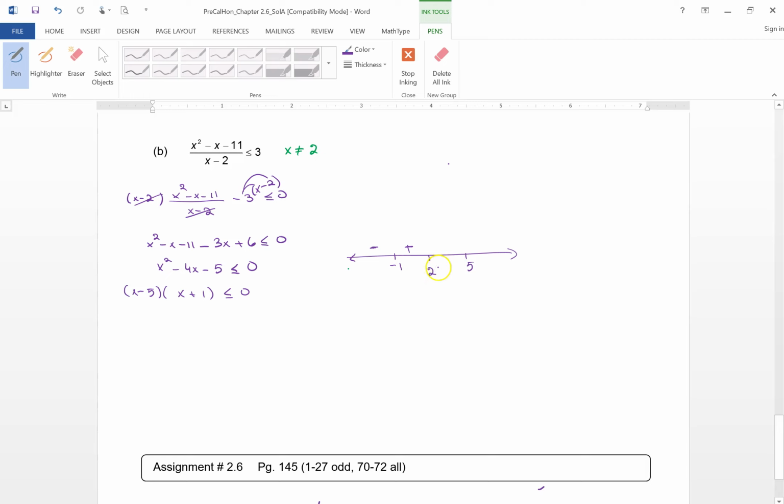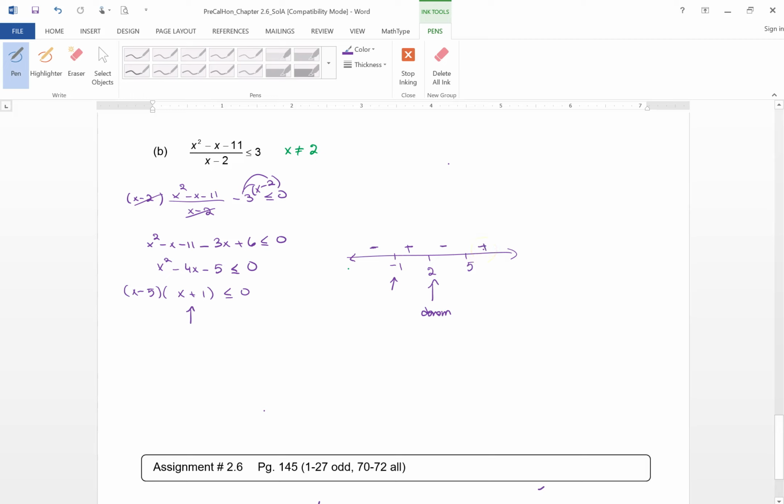It's a good idea to check this part, okay? Well, yes, I'm looking at negative 1, so I go here. Multiplicity is 1. It's going to alternate. Now, this comes from the denominator, so check what happens here. If you plug 3 in there, it turns out you do get a negative. And here it's positive.